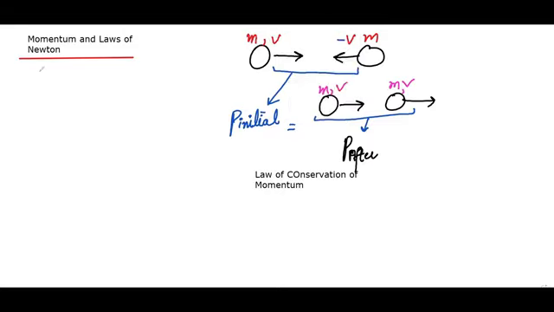So if we want to look at the first law, that was about inertia, and that practically told you that the motion of an object would not change unless disturbed by an external force.